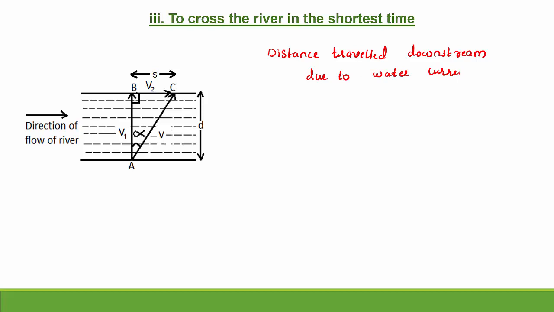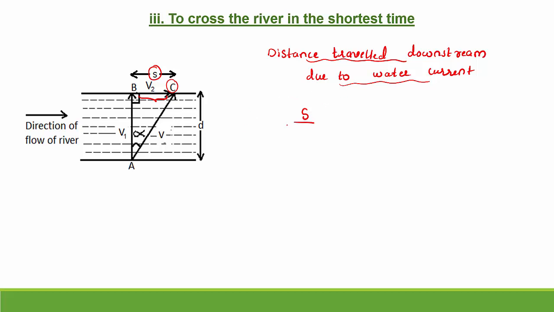Observe here, the swimmer is swimming from A to B, but because of the river flow, the water current, the swimmer reaches point C instead of point B. So the distance traveled is B to C. Distance traveled downstream is denoted by S.